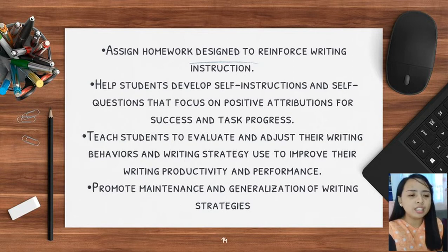So maintenance occurs when you continue to practice a skill that students have previously learned in order to retain the skill. Children may learn to write their names, for example, but if they do not practice it regularly, there is a possibility that they may forget it. Well, generalization is the ability to perform a skill in a variety of settings and situations using different materials with different people.